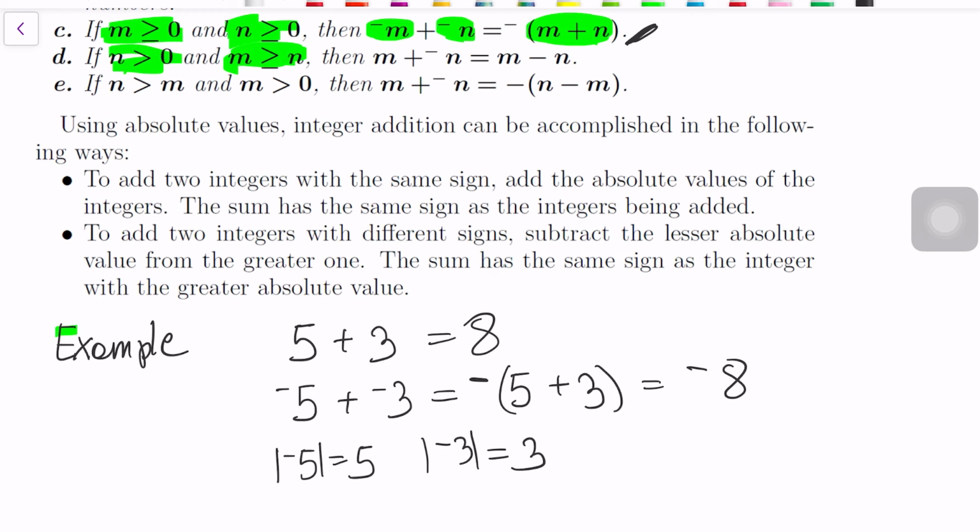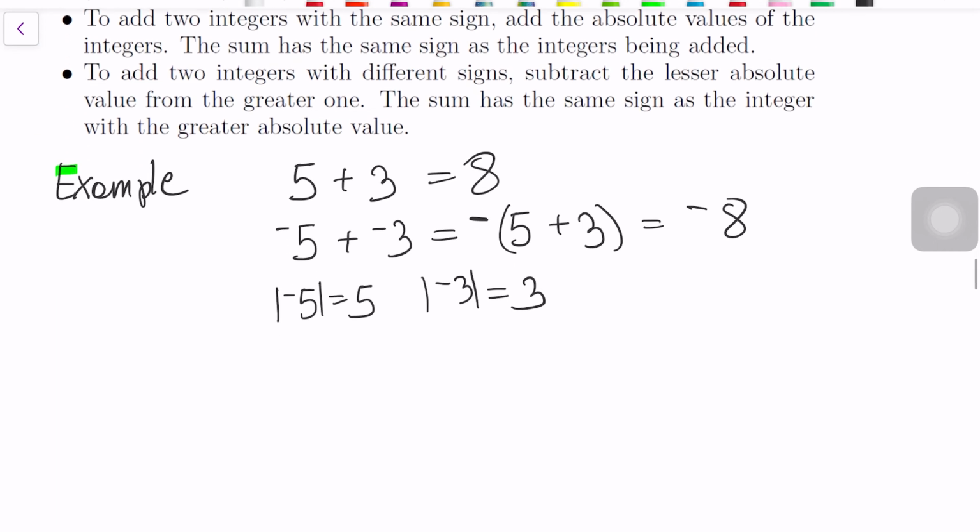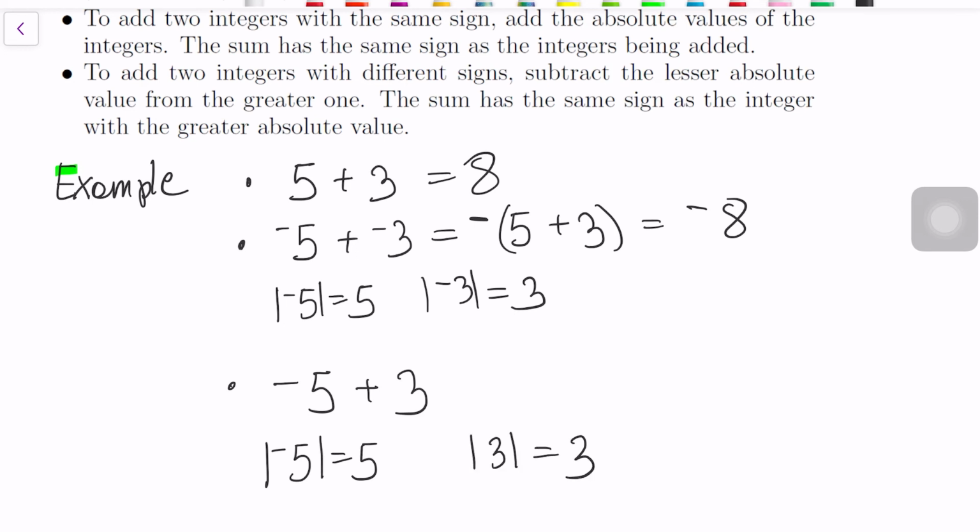Now, to add two integers with different signs, subtract the lesser absolute value from the greater one, and then the sum has the same sign as the integer with the greater absolute value. Okay, let's analyze that. What if you add negative 5 plus 3? First, what's the absolute value of negative 5? 5. What's the absolute value of 3? 3. Which is the greater absolute value?